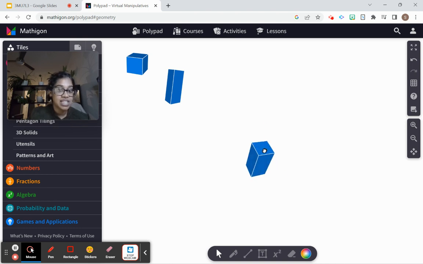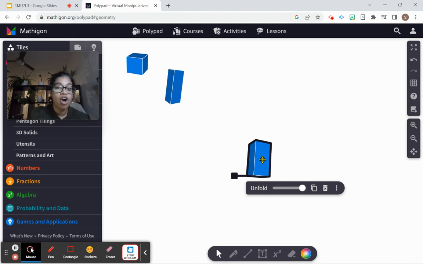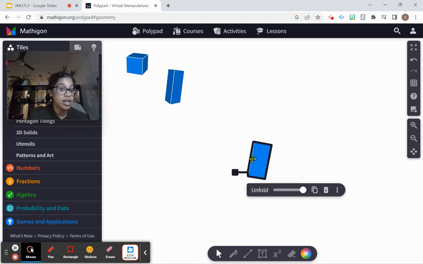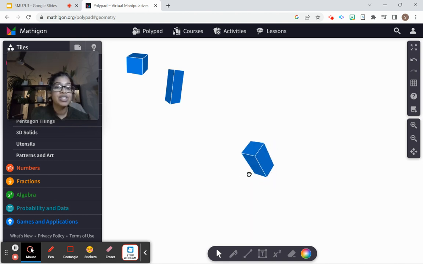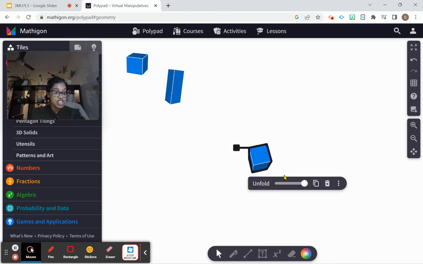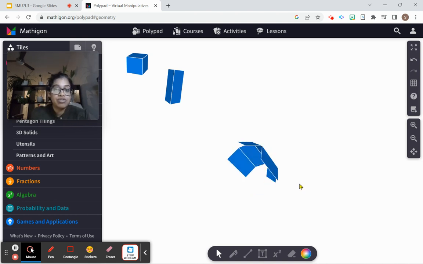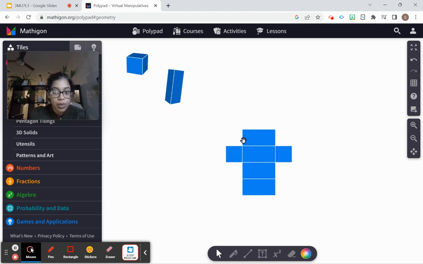But the other sides are rectangles. They're not squares, they're just regular rectangles. So this is a rectangular prism. Let's take a look at this shape when we unfold it. I'm going to go ahead and unfold it, and over here, we unfolded our rectangular prism.